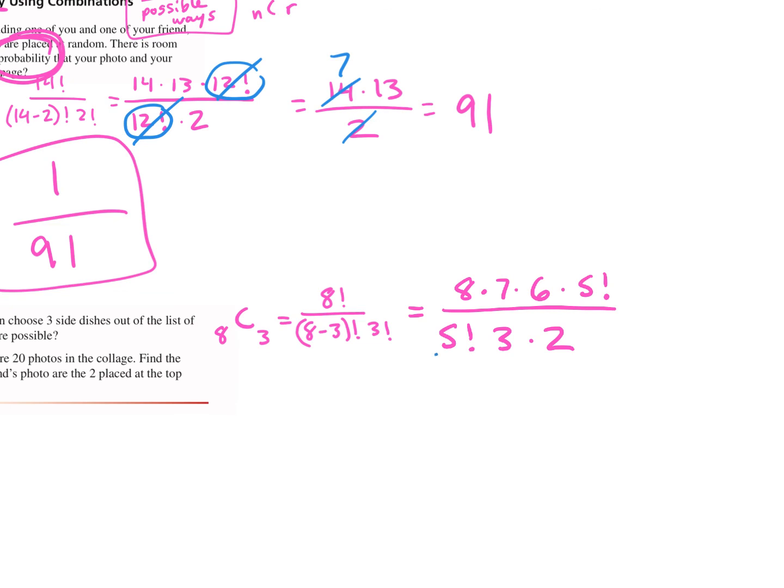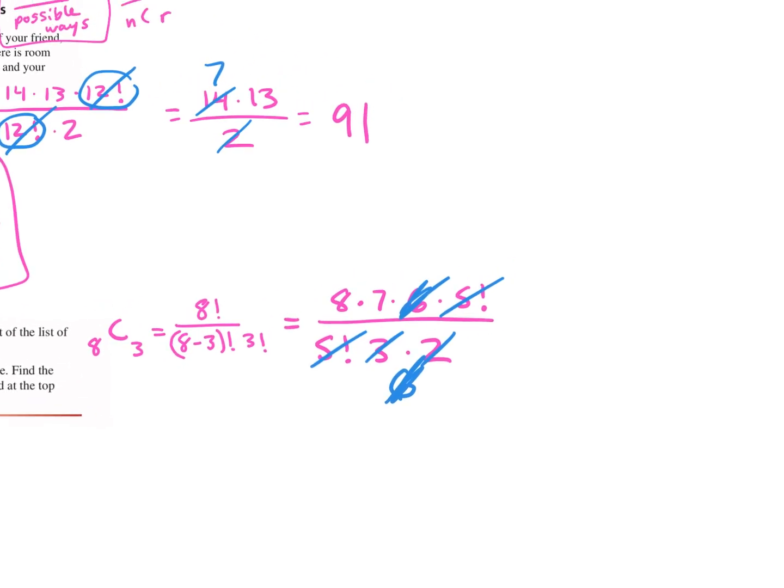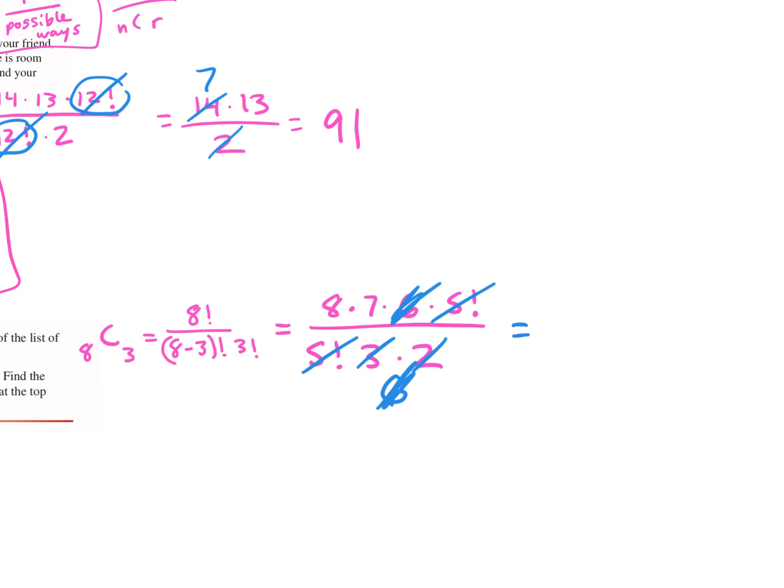The 5 factorials. Anything else? And 3 and 6. What's 3 times 2? 6. So I can cancel out the 3 and the 2, because 3 times 2 is 6, so this is 6 on the bottom. So I'm canceling out the 6 on the bottom with the 6 on the top. So on the top, I just have 8 times 7. What's 8 times 7? 56. So 56 possible ways.